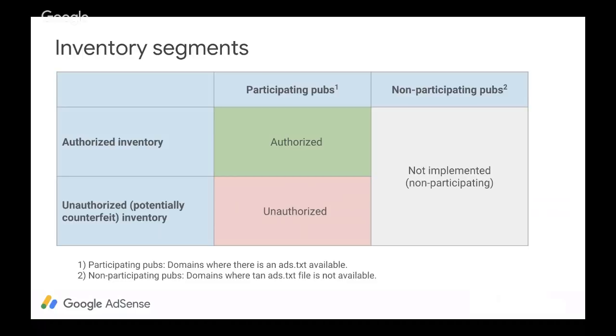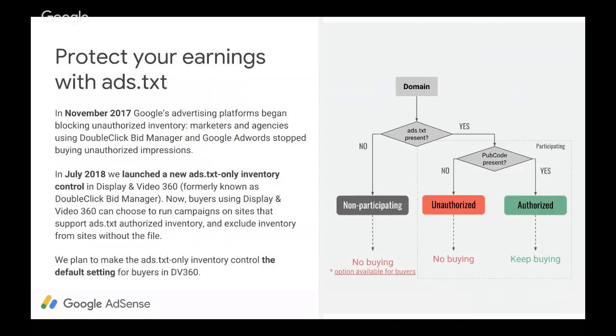And for the publishers who haven't yet published an ads.txt file, those are classified as non-participating, without a live implementation of the file. Why are those three segments important, and why did I mention them to you?